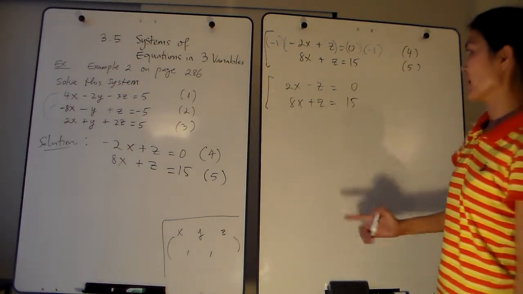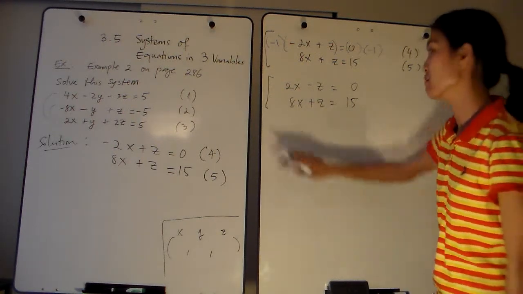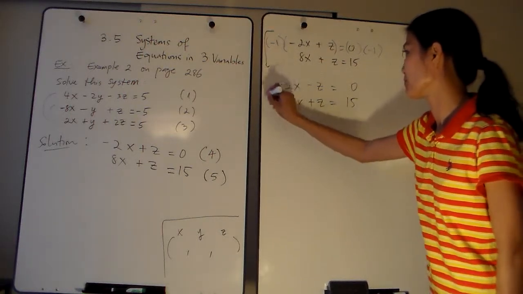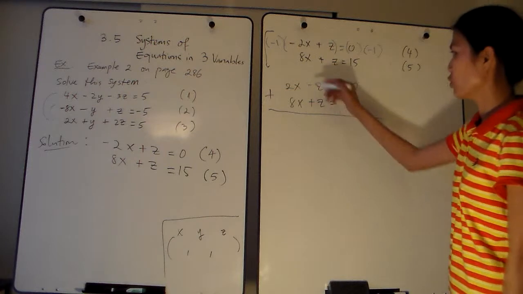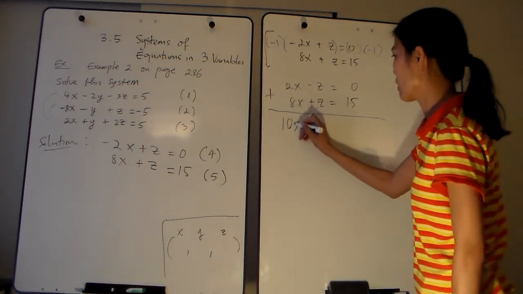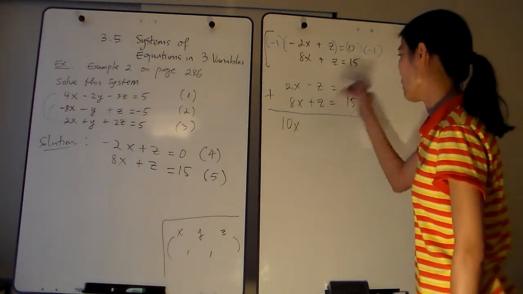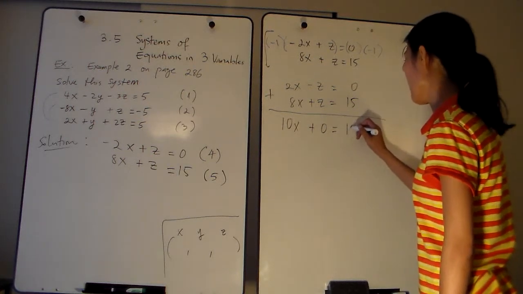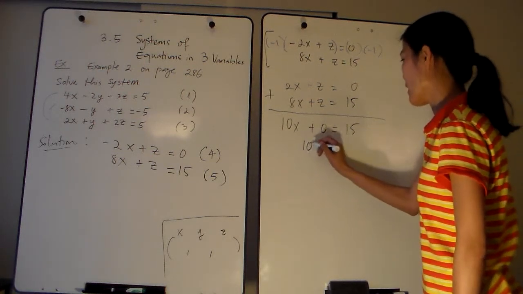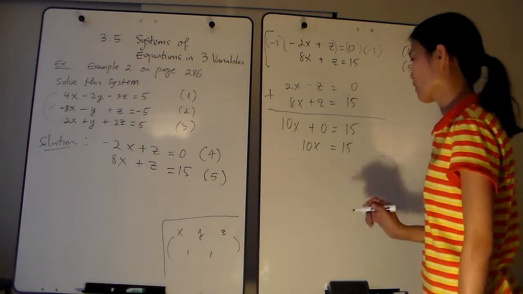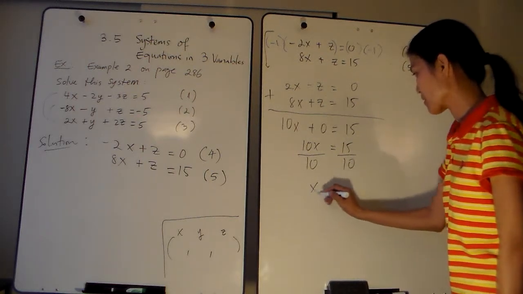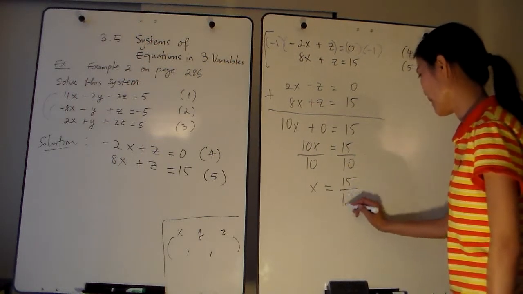Alright, looks like you're ready to eliminate the variable z. So let me add the two. Okay, 2x plus 8x is 10x. Negative z plus z is 0. 0 plus 15 is 15. Simplify, 10x equal 15. To solve for x, divide both sides by 10. x equal to 15 divided by 10.